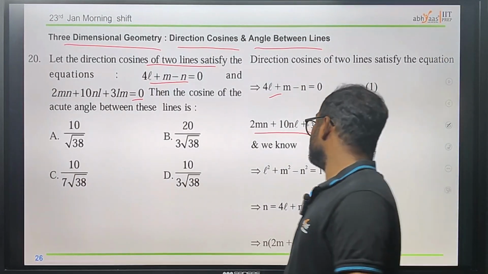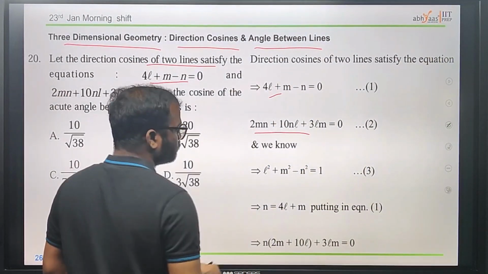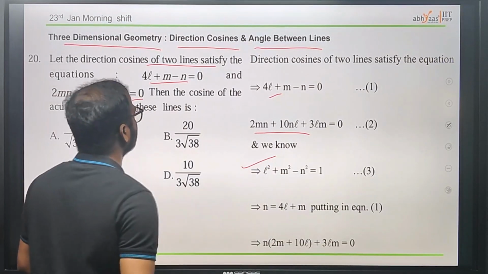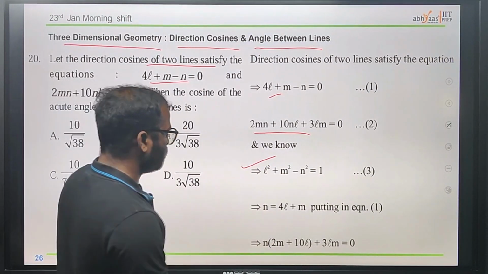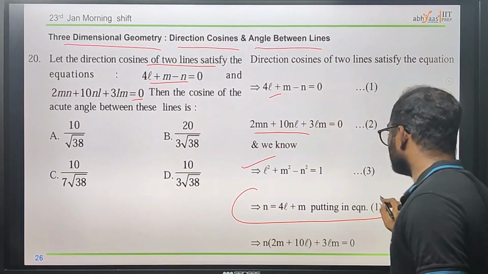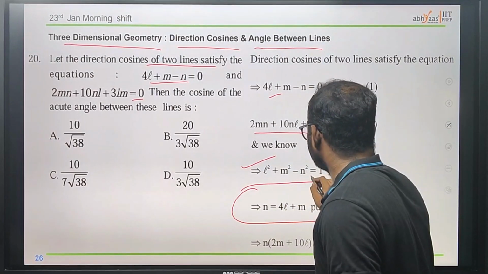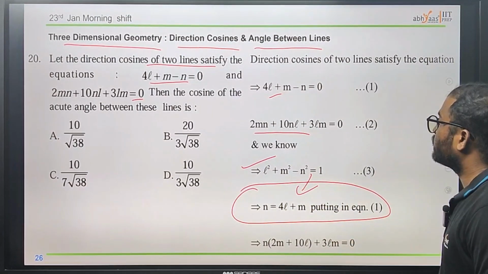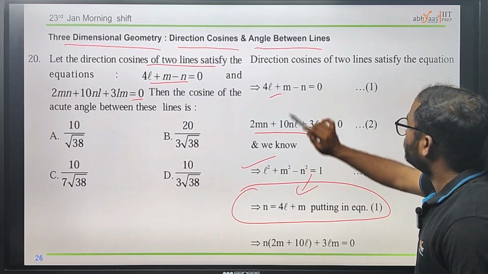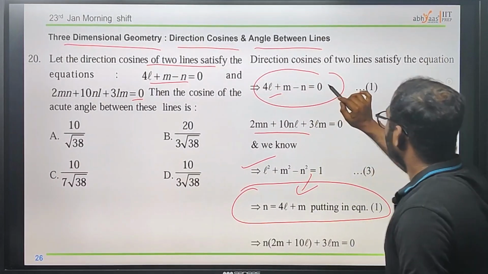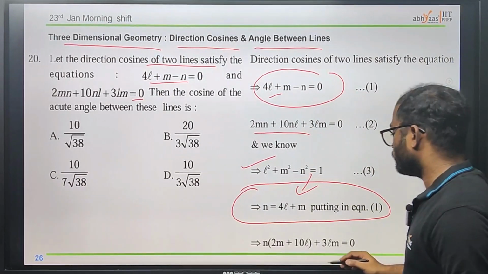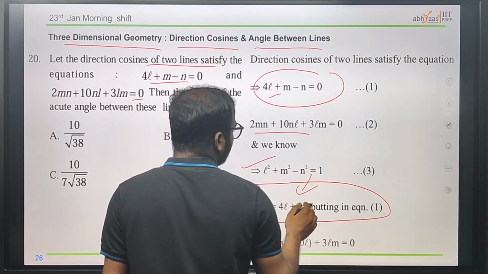We can make some simplification, take it from equation 1, and put it in the second equation as well.